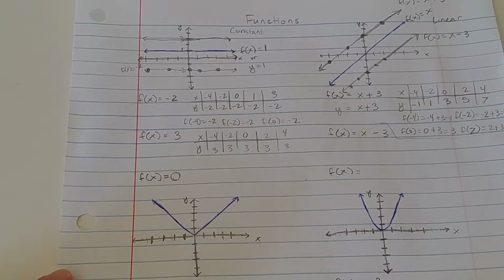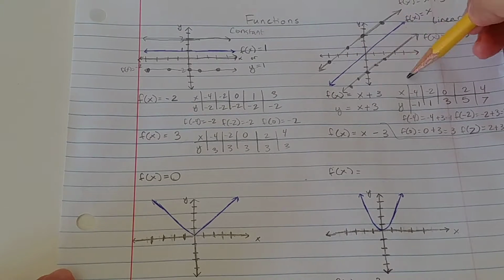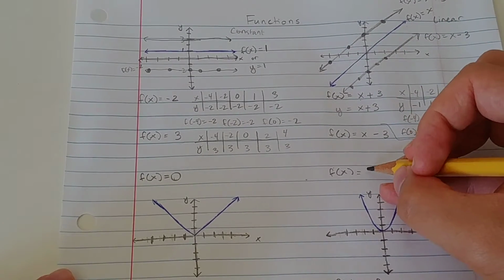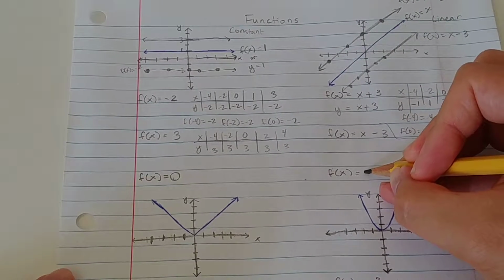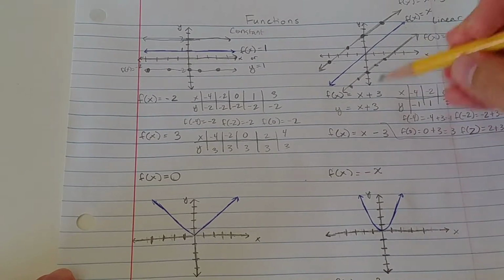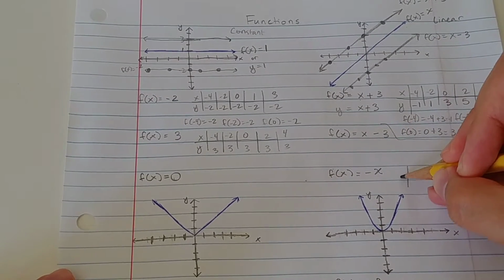But there we go. Now, what if I wanted a line that went this way? Instead of going up from left to right, it went down from left to right. That one would be, let's see if you remember from Algebra 1, negative x. So instead of f of x equals x, it's f of x equals negative x. Now, how do you know?